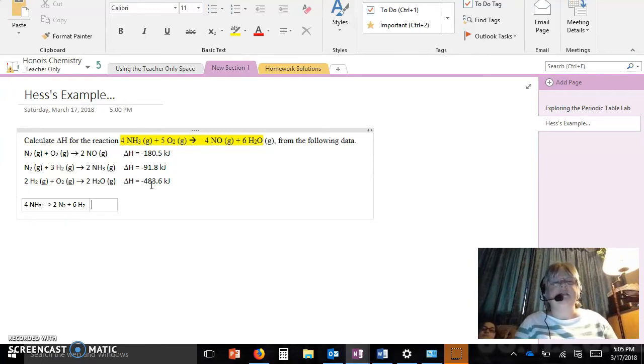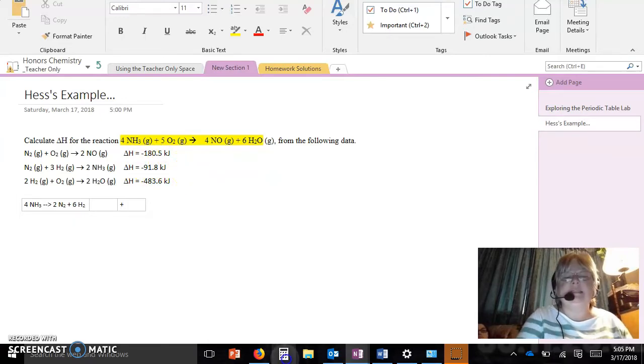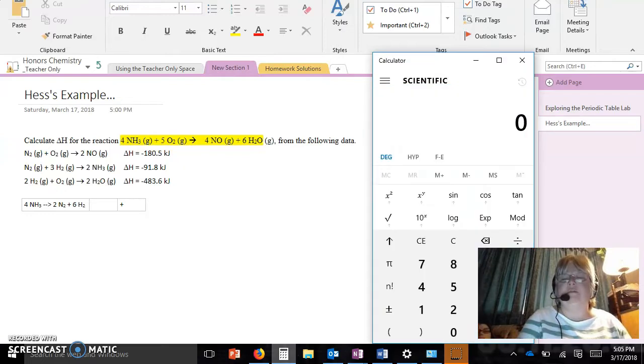So this means that I'm going to have to double and invert or make positive my given heat of enthalpy. So my given heat was negative 91.8. I'm now going to make that positive, and I have to double the amount.